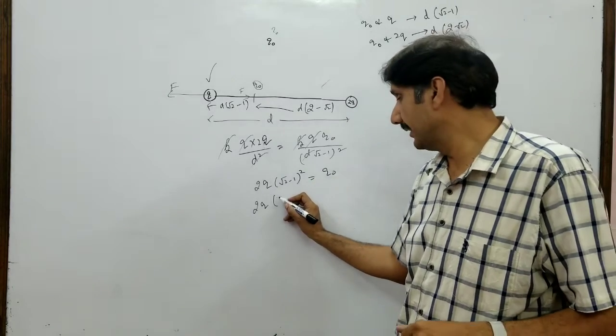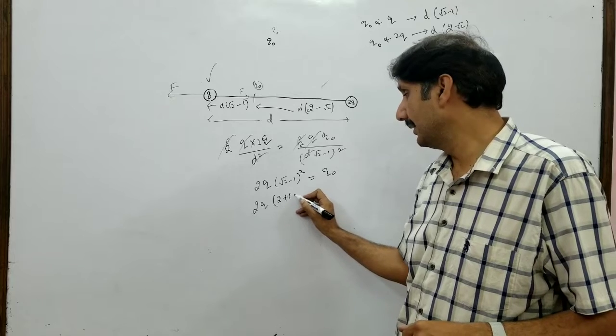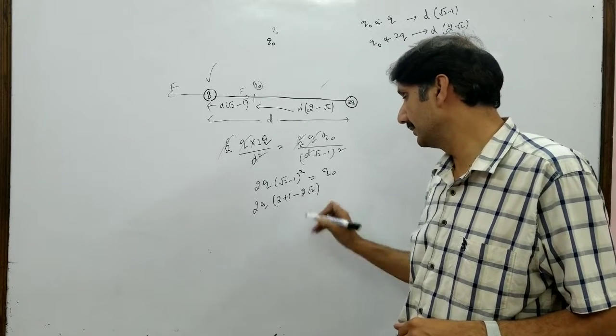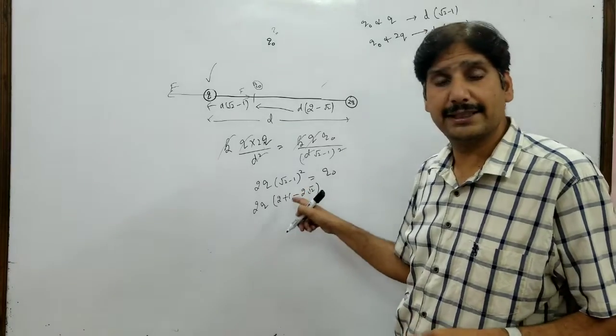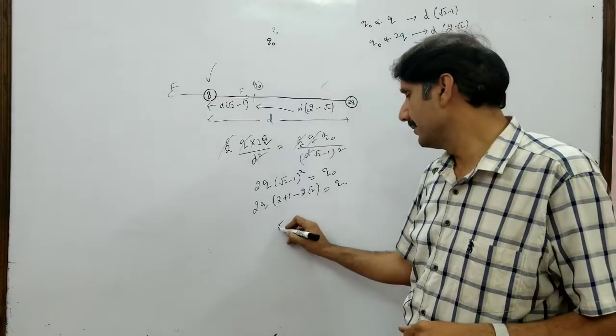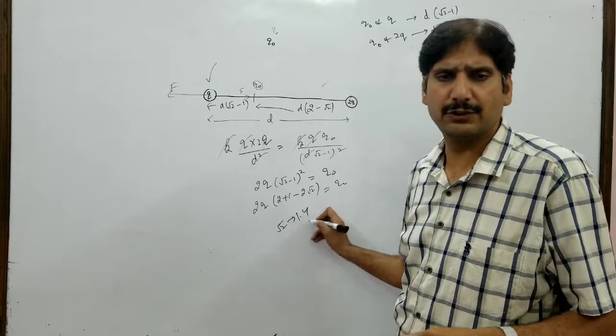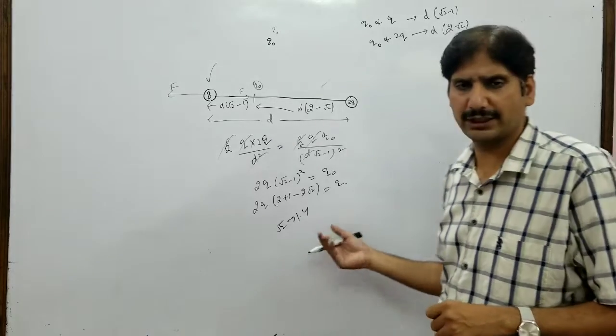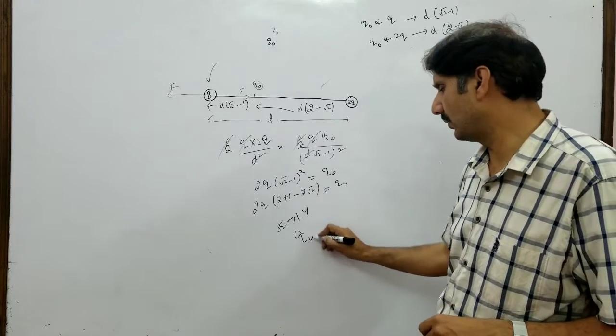This whole square will become 2 plus 1 minus 2 root 2, using a squared plus b squared minus 2ab. This is equal to Q0. You can simplify it. You can put root 2 as 1.414, but just for mathematical convenience, you can put it as 1.4 and solve for Q0.